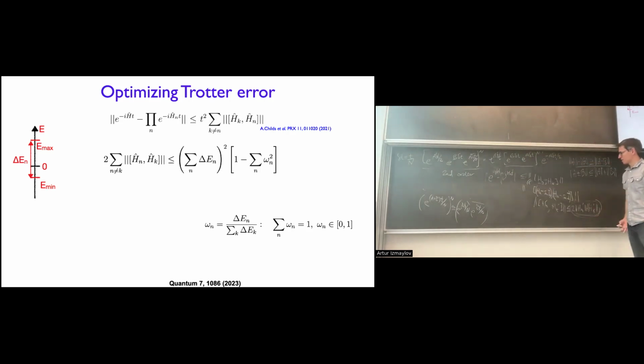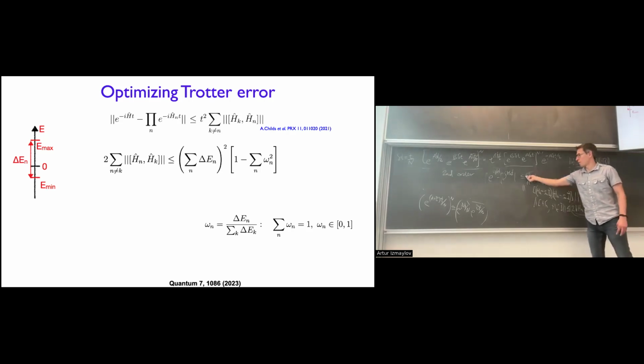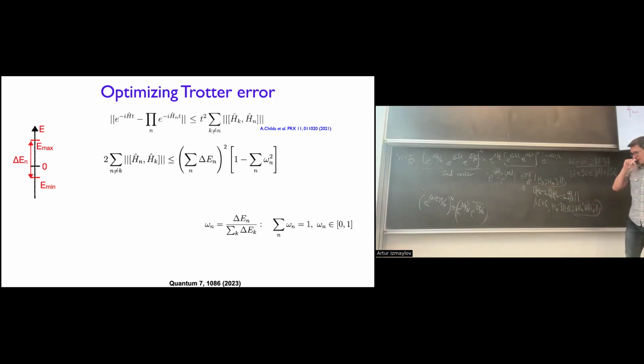So the idea is that we make things less accurate because we went from the norm of commutators to the norms of the terms that are in the commutator. So then at least we should use the shift that we could introduce without changing the commutator. We should use the shift to reduce the norms of the shifted terms, right?